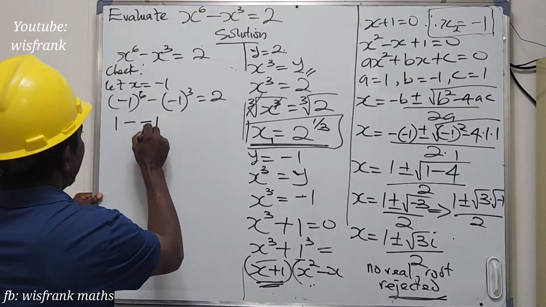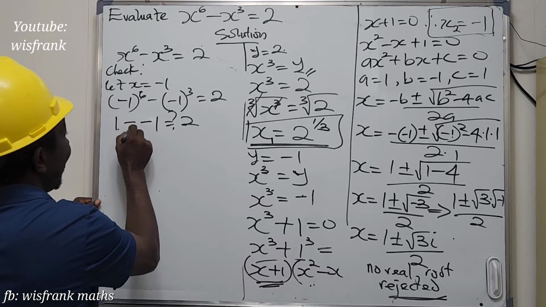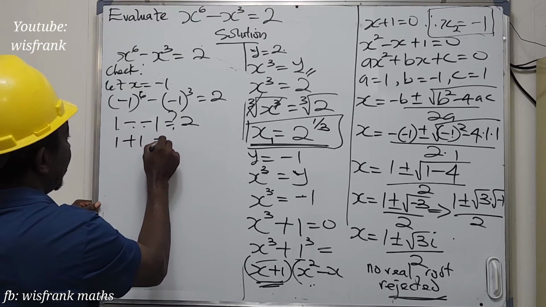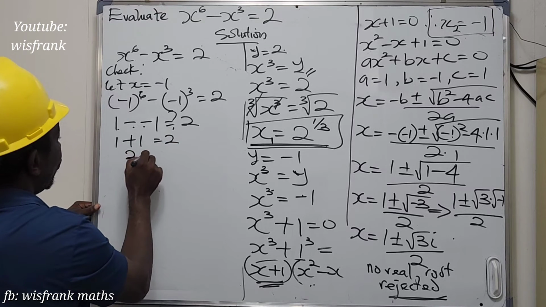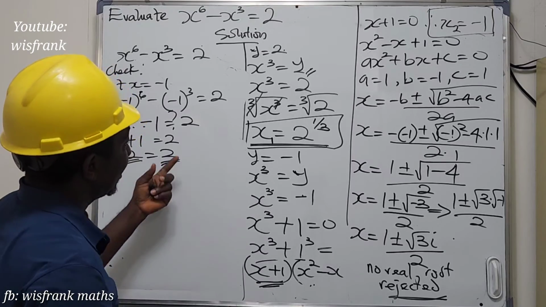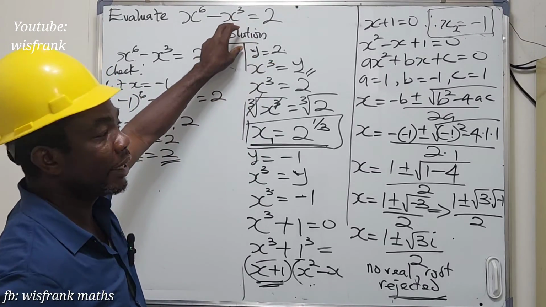So 1 minus minus 1 is 1 plus 1, which equals 2. Therefore, we have 2 equals 2, and what we have on the left-hand side is what we have on the right-hand side. Therefore, x equals minus 1 satisfies this question.